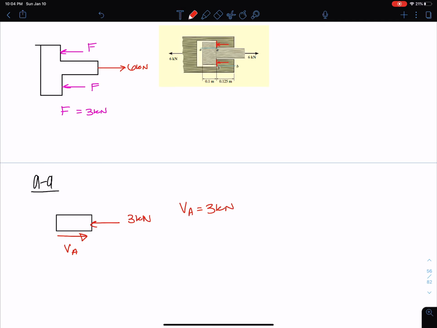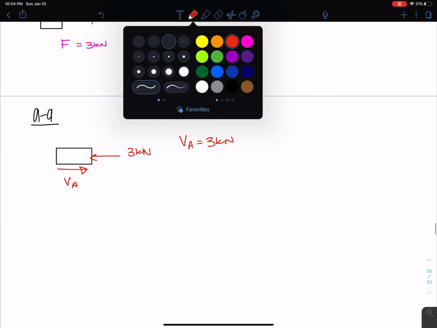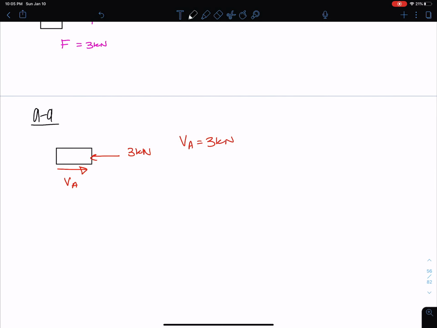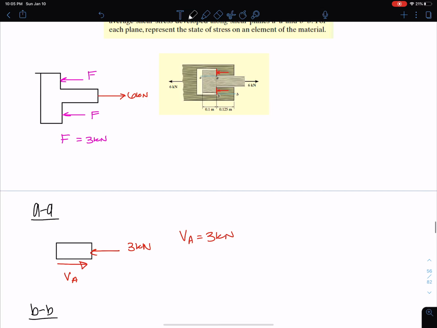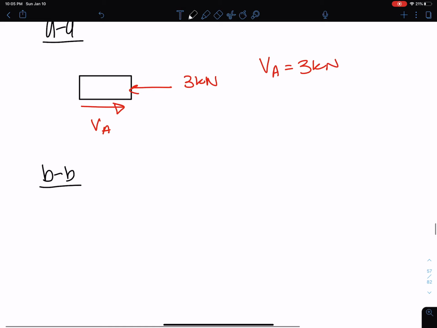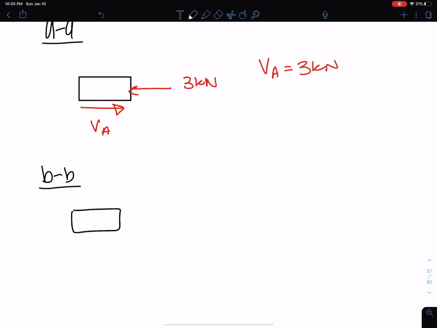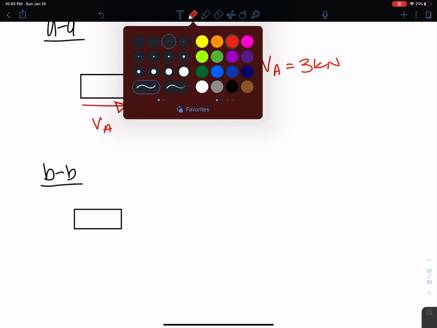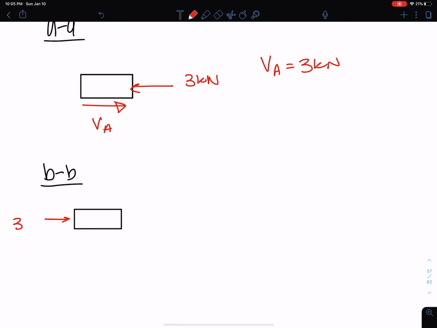So now I have the shear at A. Now I can do the same thing with segment BB, which is this bottom segment here. So I'm going to isolate the bottom segment VB, and I have a 3 kilonewton force pushing in this direction. So VB has to be equal to the only force on the system, which is 3 kilonewtons.